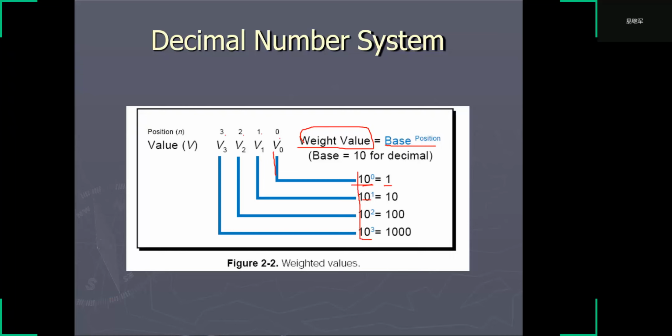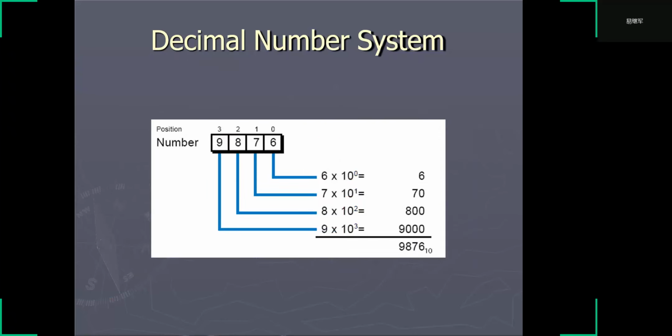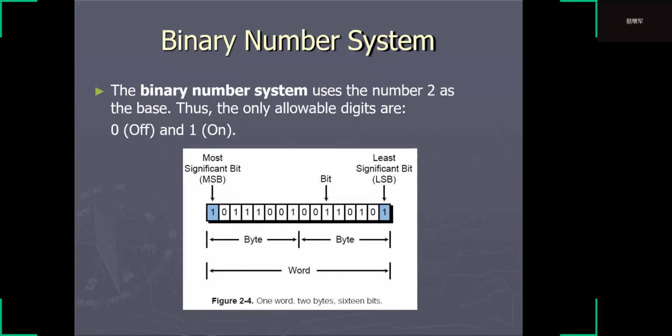This is the decimal number system. We can represent the decimal number system by the value in the bits multiplied by 10 to the power of the position.